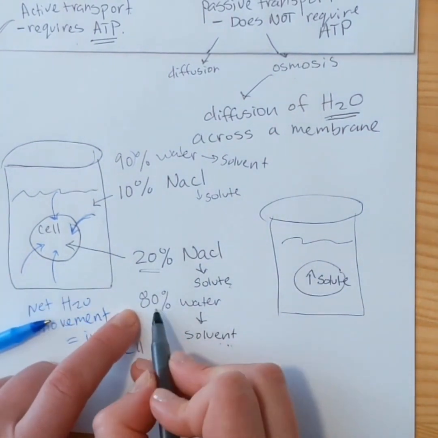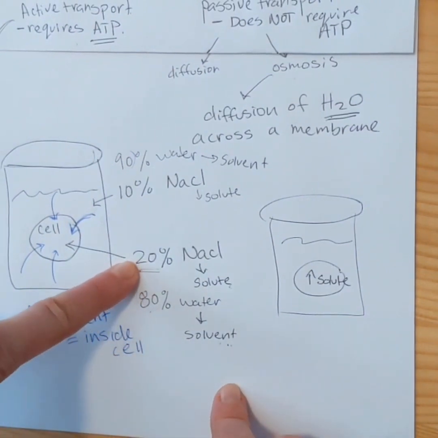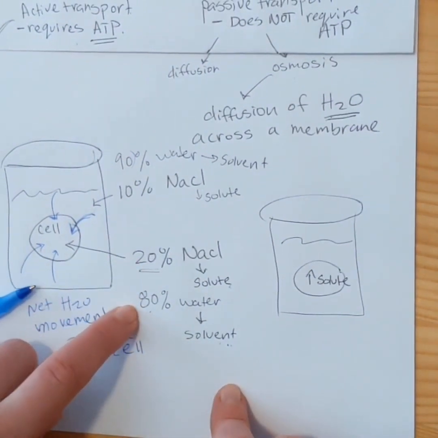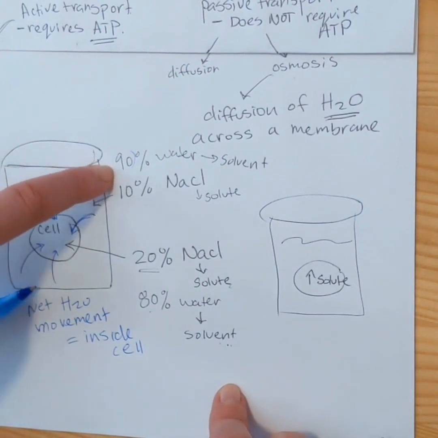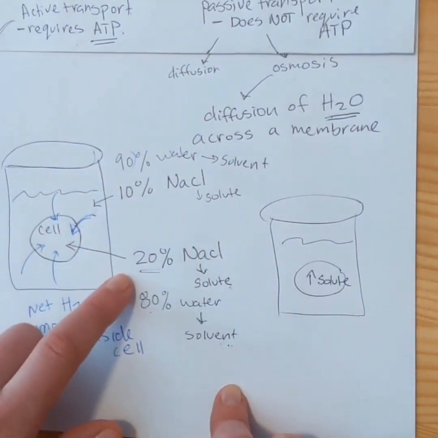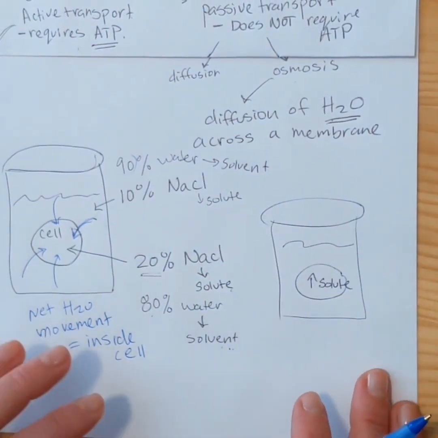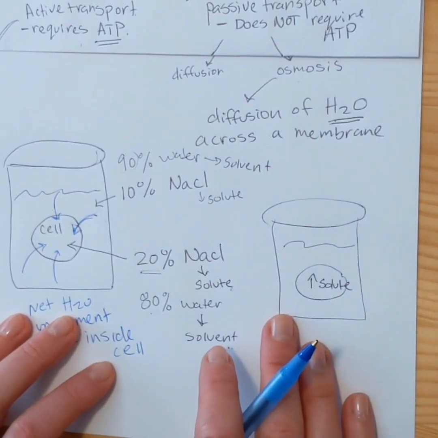Instead, the water is moving along its concentration gradient. So wherever there's more solute, it means there's less water. So the water is going to flow from high to low, which to us looks like it's going toward whoever has more solute.